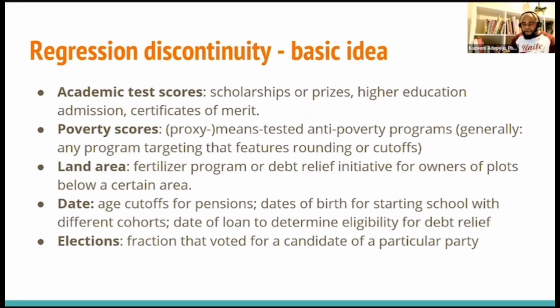What about the poverty score? There's always going to be a cut-off point. When you talk about income in the United States, you have the poor, the middle class, and the rich. If I use the middle class as a cut-off point, below the middle class we're talking about poor, and above the middle class, rich.